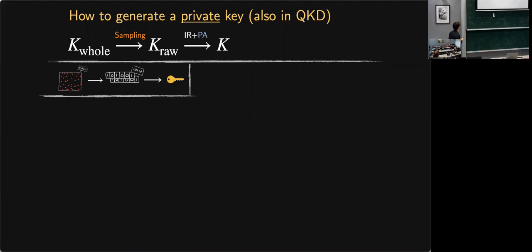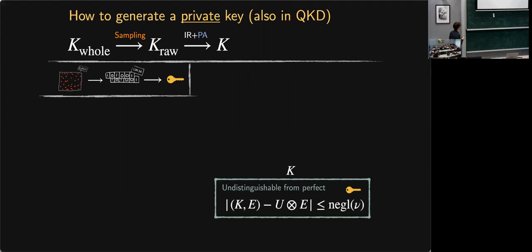So the idea is that we start with the whole state. Then they do some sampling. And from the sampling, they will do information reconciliation and privacy amplification to obtain the final key. So the condition under which we say it's private is if at the last step the key is indistinguishable from perfect, meaning that it's completely independent from Eve's knowledge.